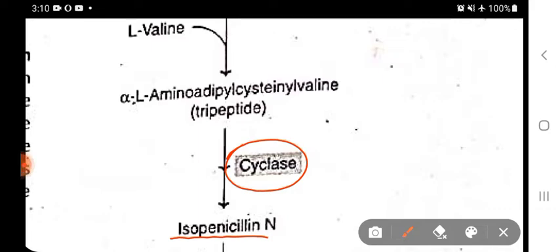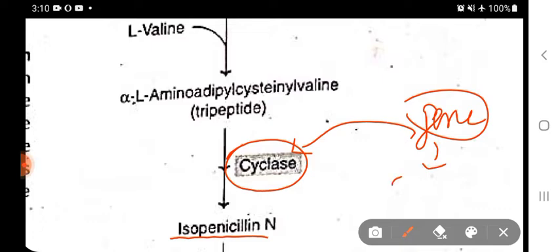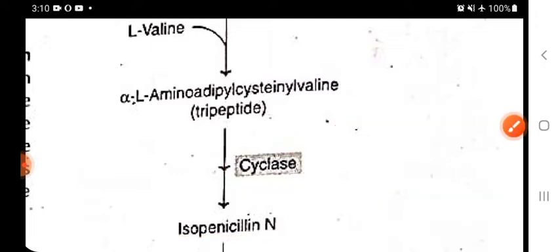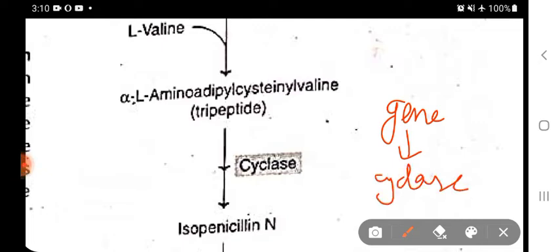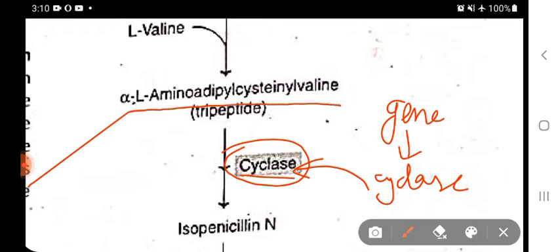And that's why we have said that if we introduce the gene that codes for cyclase, the gene responsible for coding the cyclase enzyme is introduced here. Normally, cyclase converts this tripeptide, L alpha amino adipyl cysteine valine, into isopenicillin N.